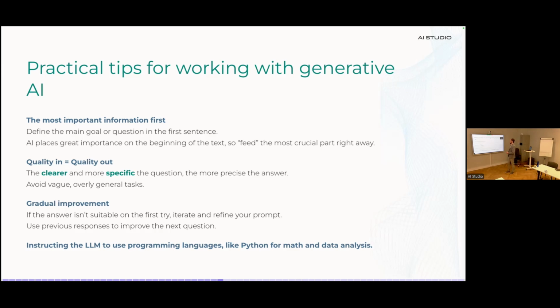Practical tips. The most important information should be at the start of the prompt, because that's how generative AI works. When it gets context, it gives weights to words relative to each other.